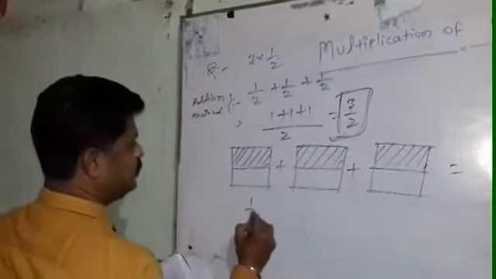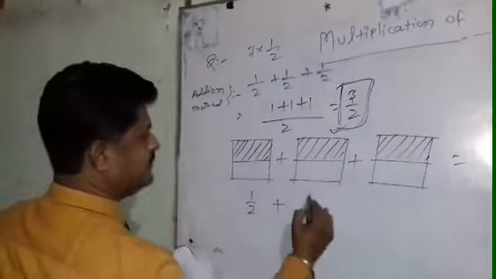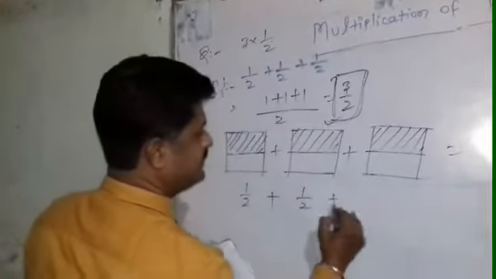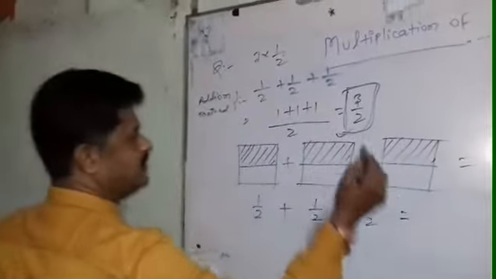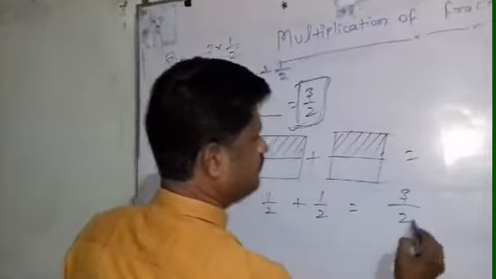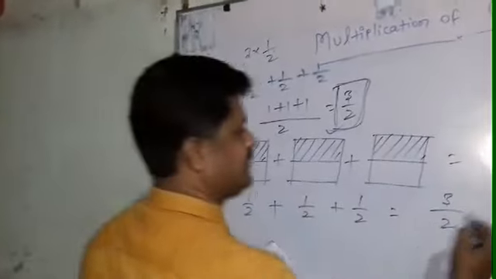This is 1 by 2 plus this is 1 by 2 plus this is 1 by 2, and we get 3 by 2 here. Okay, this is our answer.